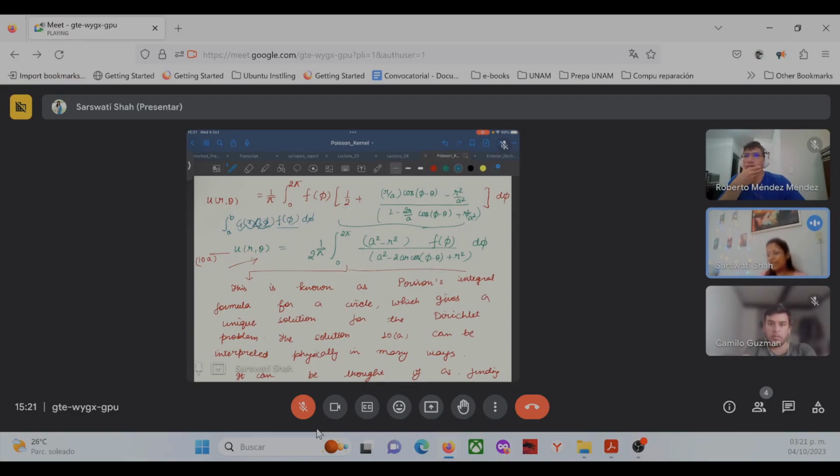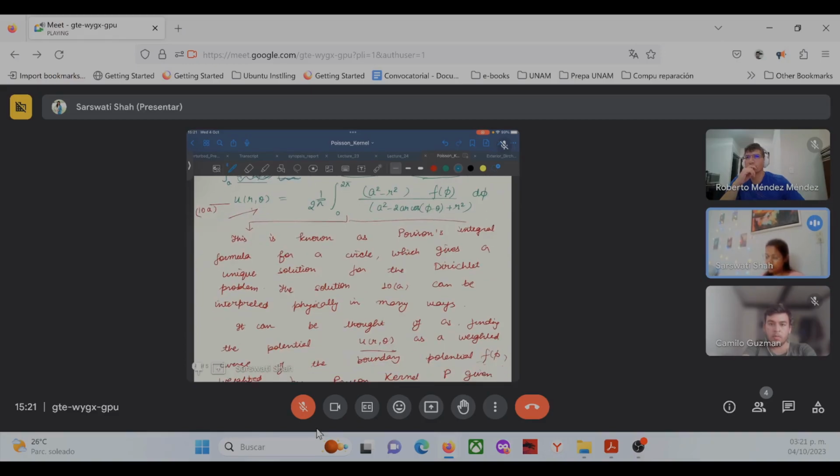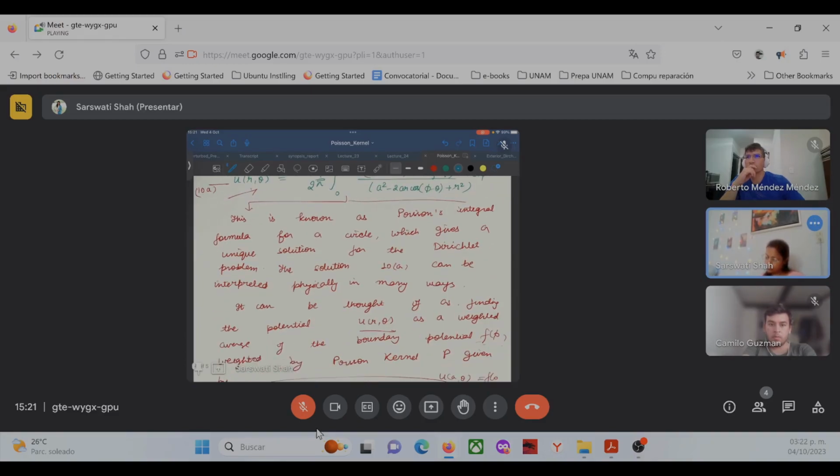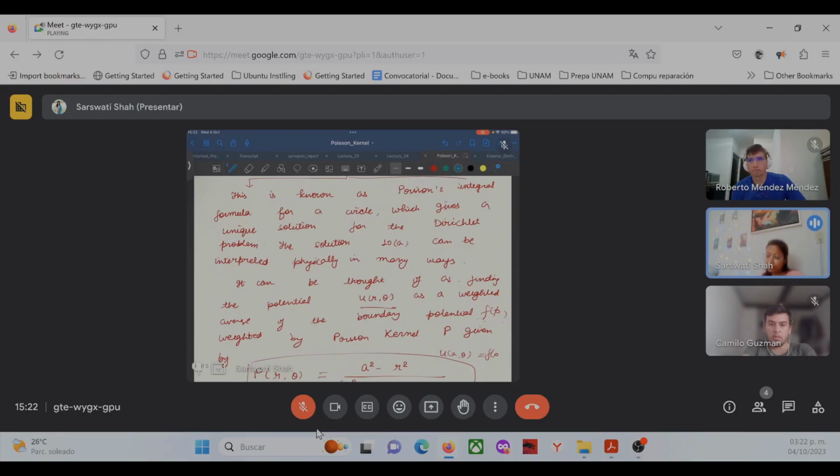So we say that this function is weighted by this function. Basically using this method we arrive at a solution where this function is known to us, because it is given as a boundary condition. So what I was saying, the boundary potential weighted by the Poisson kernel.